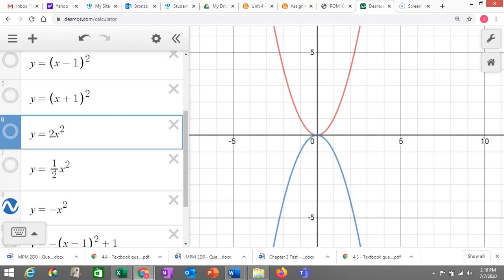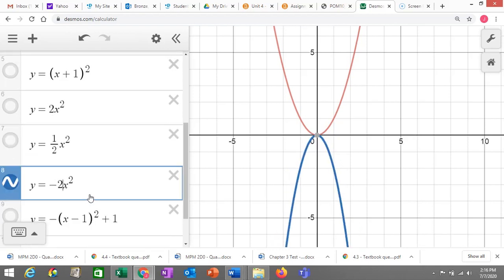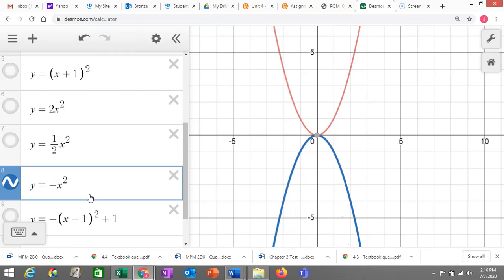A positive a value that is a fraction and is less than 1 will compress it. And that also applies if you have negatives. So you can have stretches and compressions combined with this negative as well. So for example, if I put a negative 2 in there, that will make it stretched and reflected. So a covers 2 characteristics of a graph. It determines if the graph is reflected in the x-axis, and it determines if the graph is stretched or compressed.